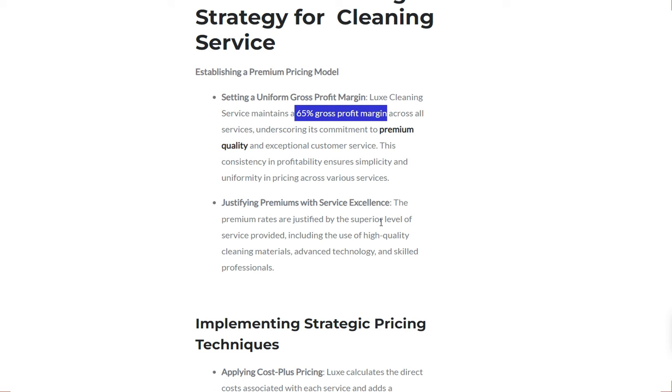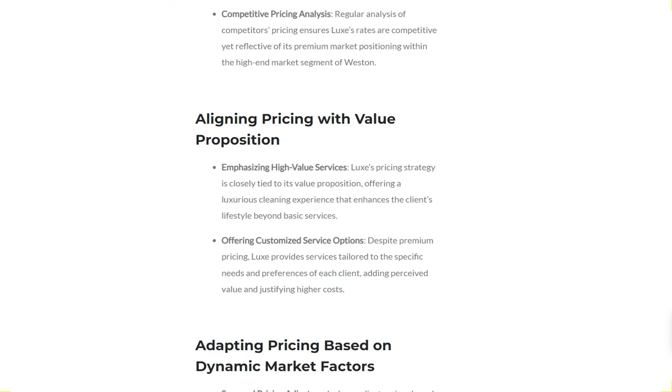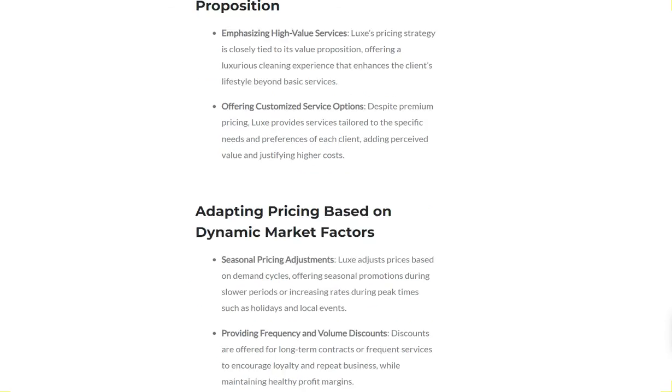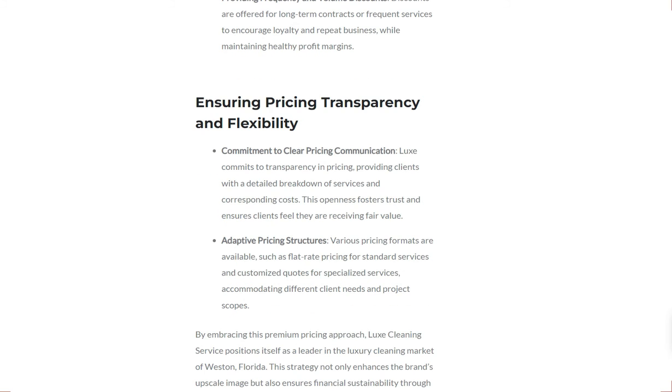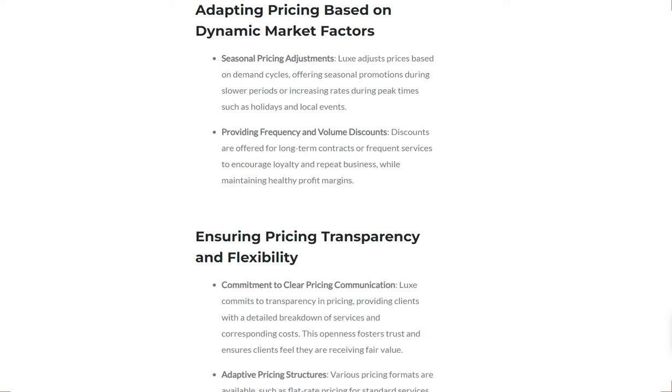Whatever service comes their way, they're going to keep it simple and say, we want a 65% margin at minimum, and that's how they roll. That's going to be their game plan. Then we go through some of the details about putting together a pricing strategy.